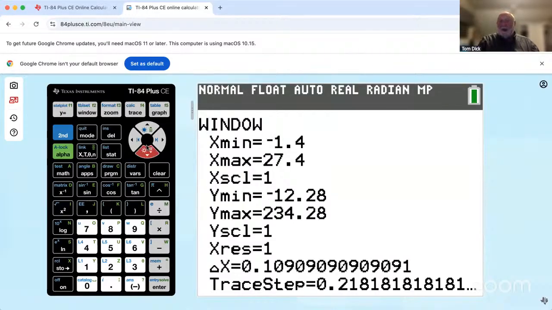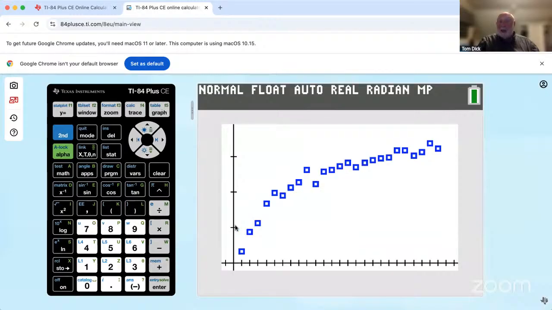That works just fine. I might want to change my Y scale, given that large difference between Y max and Y min. I'll set it equal to what Steve used, I think, which was 60. And if we graph again, each one of these hash marks on the y-axis is 60.